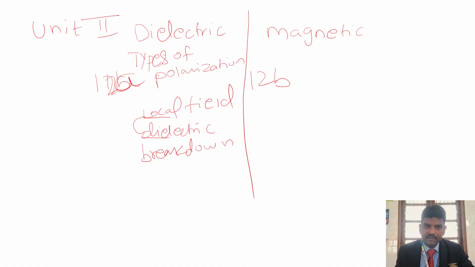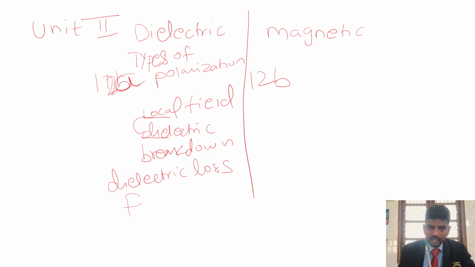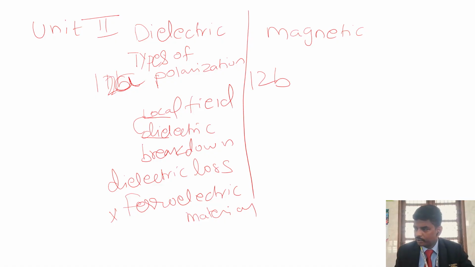And what else do we have? Dielectric loss. And then ferroelectric material. This is very brief, and it is not completely within your syllabus, so you need not concentrate on this.